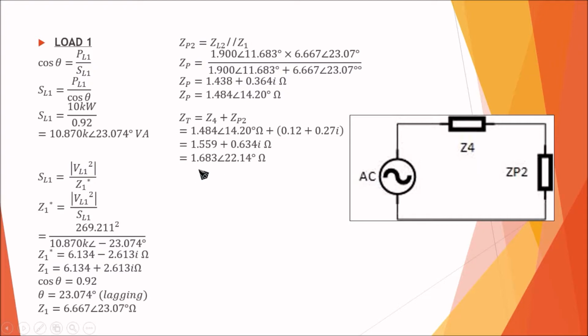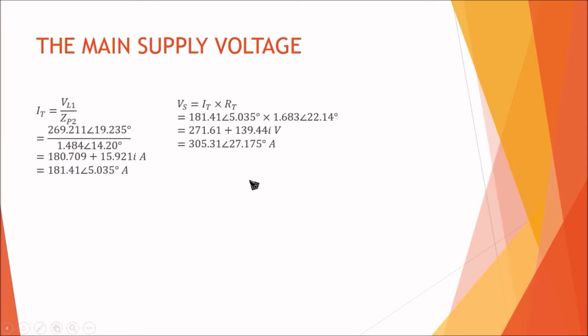Then we get the answer 1.683 angle of 22.14 degree ohm. Okay, the next question given is we need to calculate the main supply voltage, which is IT. When we calculated the voltage at line 1 earlier, we divide it by the ZP2 and the answer is 181.41 angle of 5.035 degree ampere.